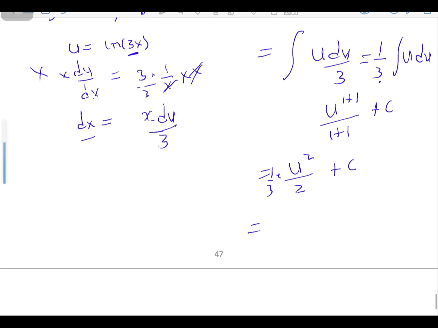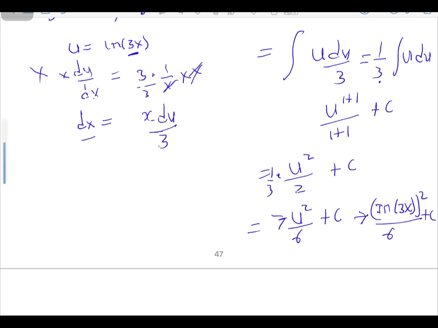At the end of the day, you are going to get u squared over 6 plus c. And when we replace u, we are going to get ln of 3x all squared over 6 plus c.